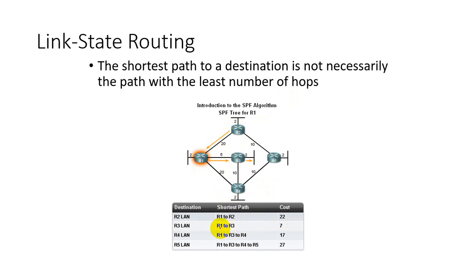Here R1 to R3 has a least cost of 7. Similarly, R1 to R2 has a cost of 22. How did the 22 come about? It came from 2 and 20, and if we add them, it becomes 22. Similarly, for R1, R3, R4, R5, if we add all these, it will be 27.